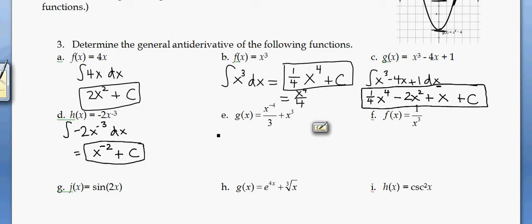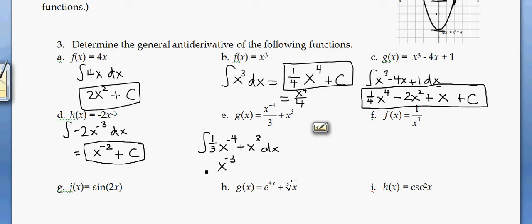Okay, let's look at the next one. I'm going to think of this as 1/3 x to the -4th plus x cubed. So again, thinking about the power, if I add 1 to the exponent, this is going to be a -3. But this isn't quite right, because if I pull down a -3, I'm going to have a -3 there, and I want it to just be a third.